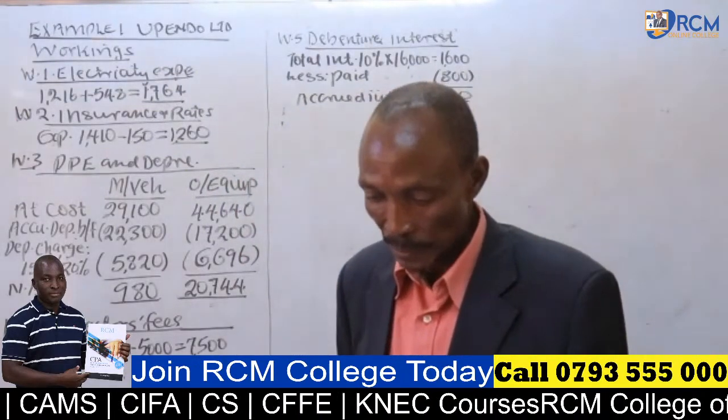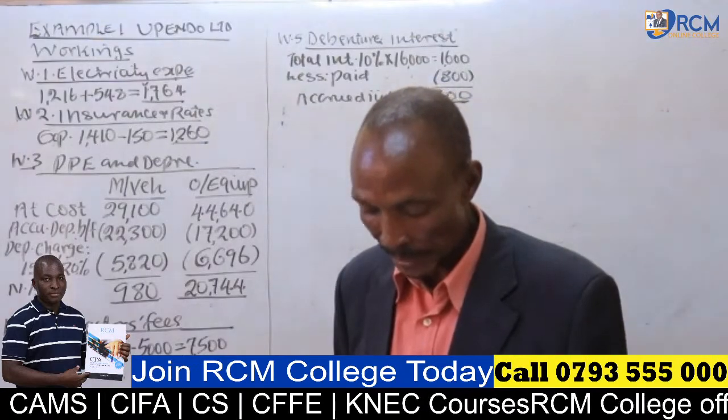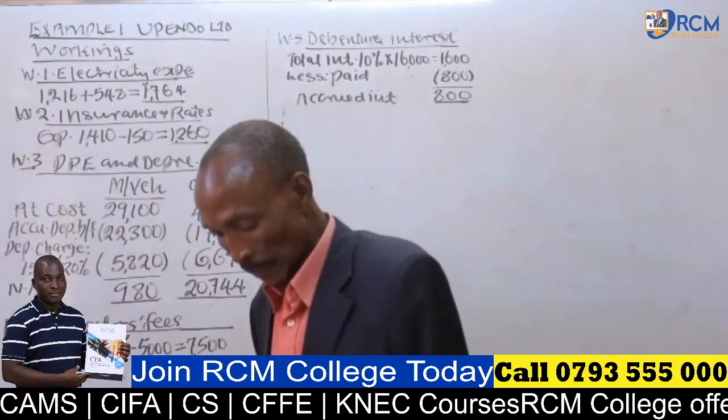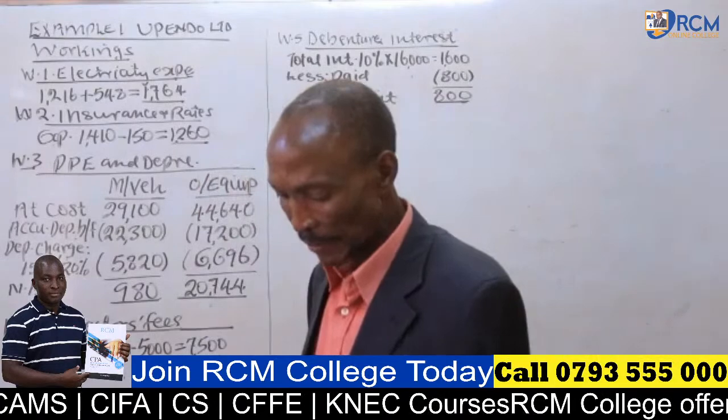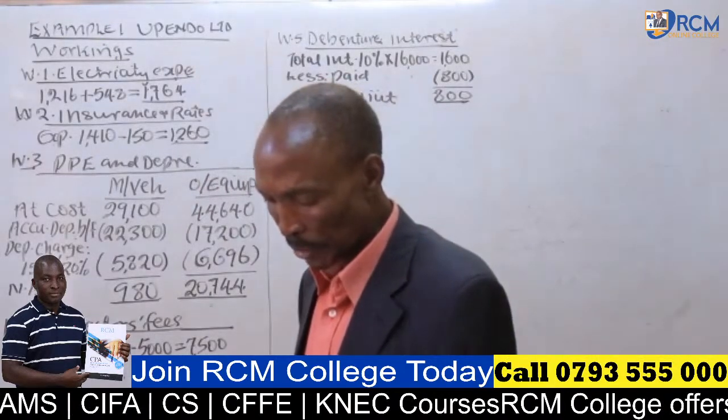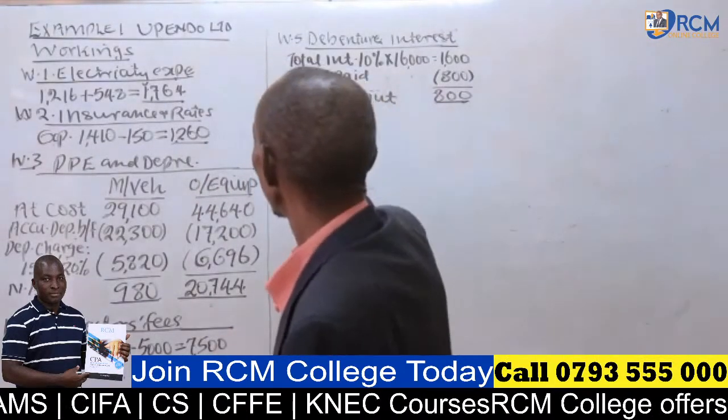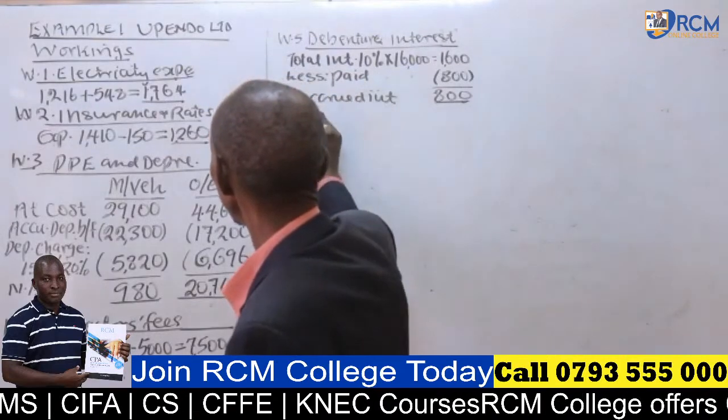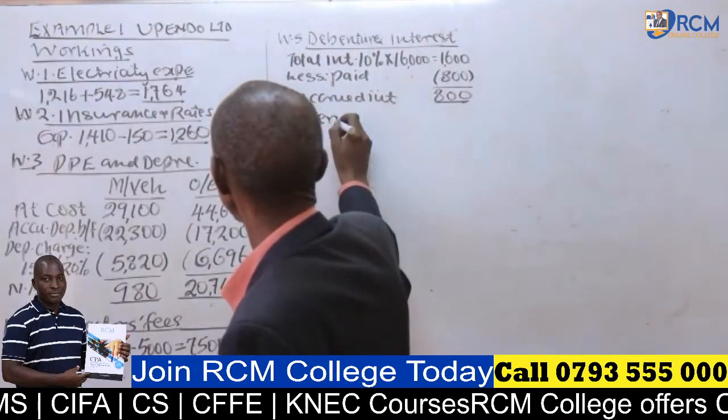Expenditure, we consider there is a preference dividend somewhere. When we go to note number 5, the directors have recommended the following: 12 million to be transferred to general reserves. So what you are going to get in number 6, general reserve.